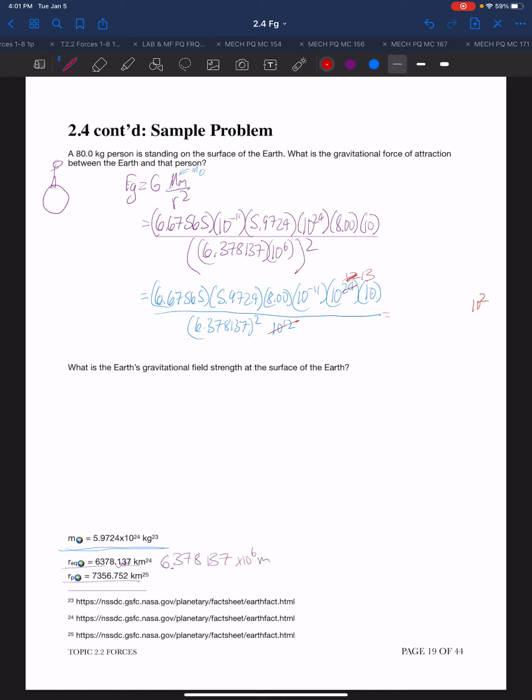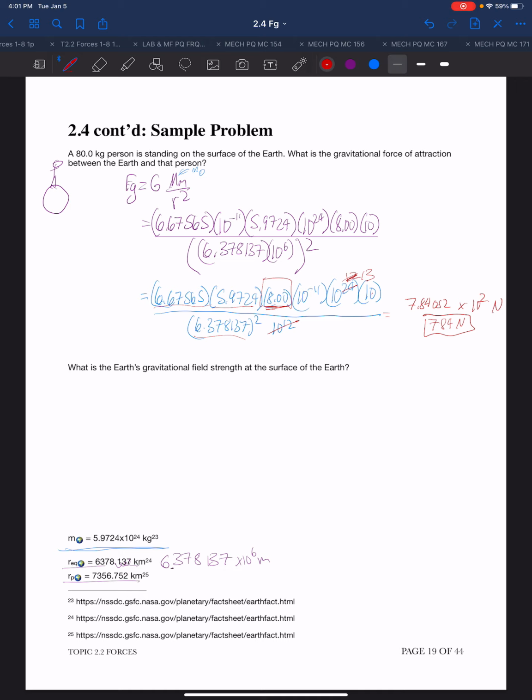And what we get, it turns out, is 7.84052 times 10 to the 2nd newtons, which is 784 newtons. Now my numbers had 3 significant digits. I can only report 3 significant digits because I'm limited by that 80 kilogram person with 3 significant digits.